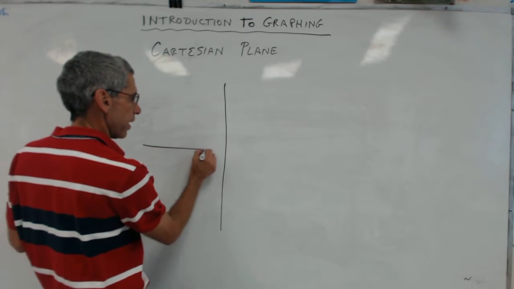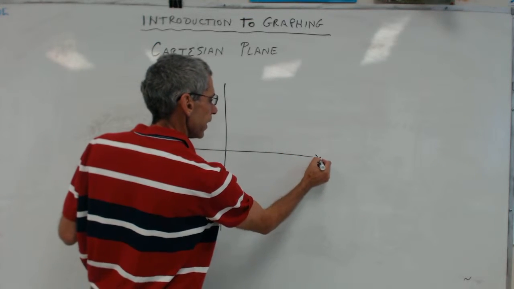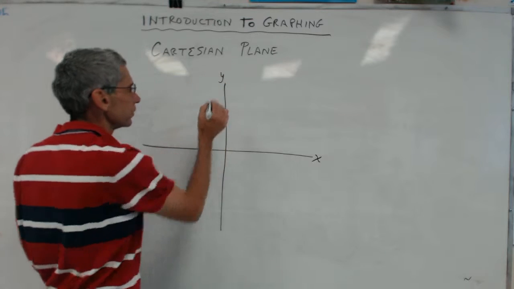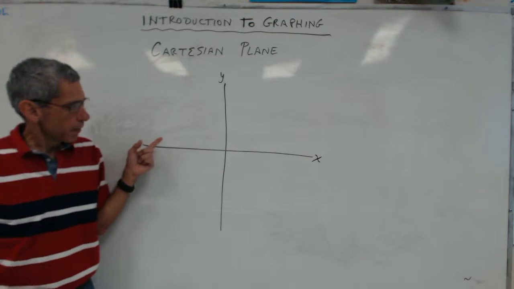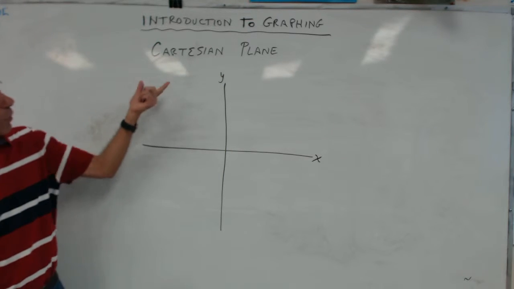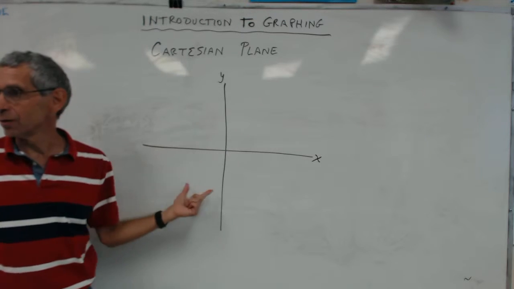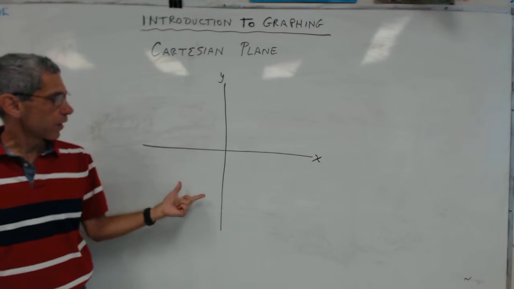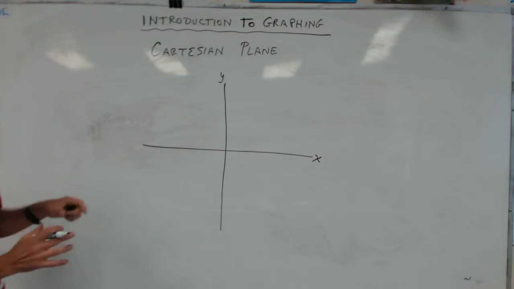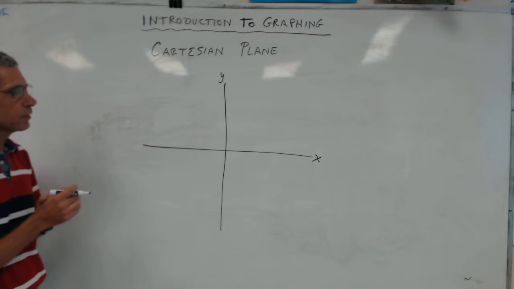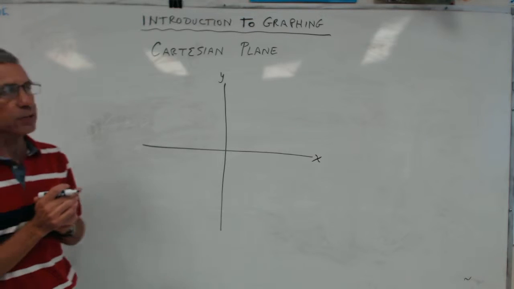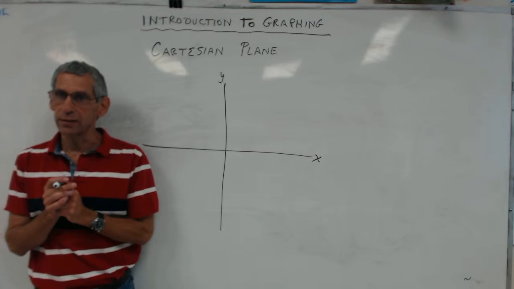So we're going to have a big graph here. This is my x-axis, this is my y-axis. With a Cartesian plane, there are 4 boxes, so to speak, right? And we've got to start to identify what different parts there are to this graph, because eventually you're going to become extremely good at these.